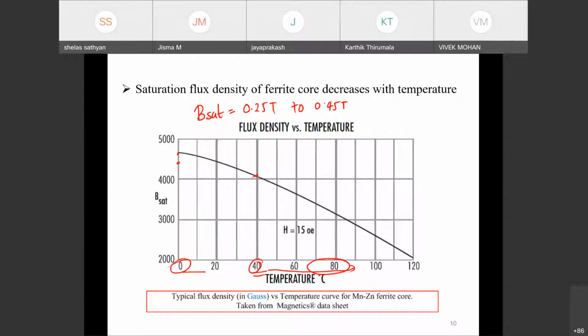So whatever you designed, when you were designing your converter or inductor, you had taken the saturation value as 0.42, but once you start to operate, the temperature in the system increases to 80 or 70 degrees, so our Bsat rapidly goes down to around 0.32 or so. That means the inductance value drops. That needs to be taken into account while designing a ferrite-based inductor, because its thermal stability is poor.